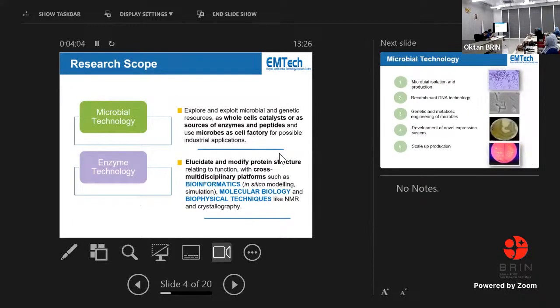Generally, EMTech research emphasizes microbial and enzyme technology. We want to explore the capacity of these organisms to produce such enzymes.